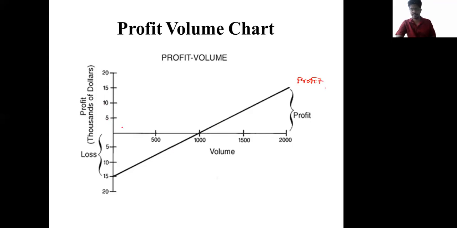In the draft, this side we know as the loss earning area. This area is the profit earning area, and this is the break-even point. Okay, hope you have that.